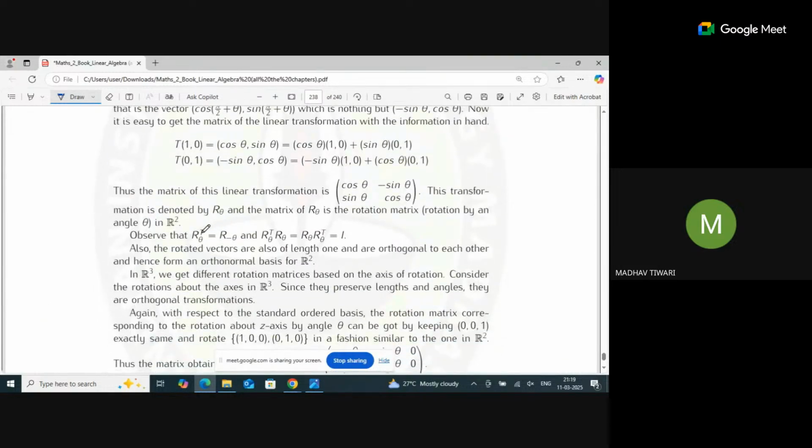You can see the rotation of theta: its transpose will be equal to the rotation matrix when you use minus theta.